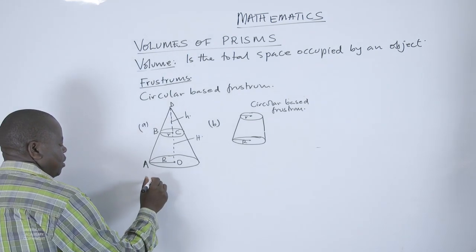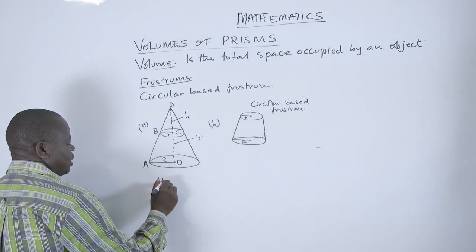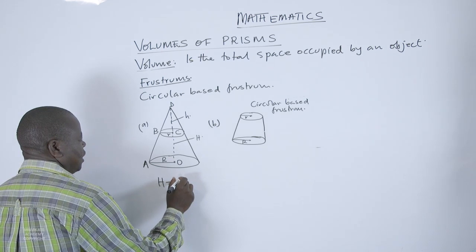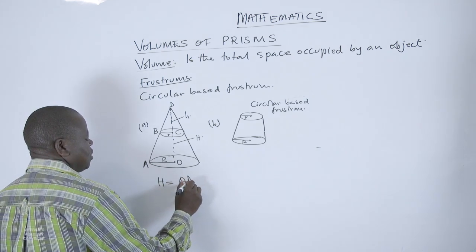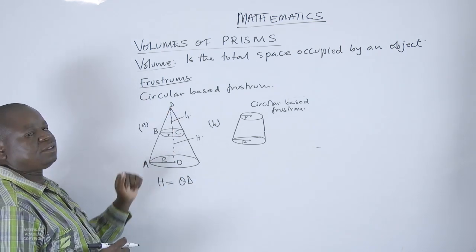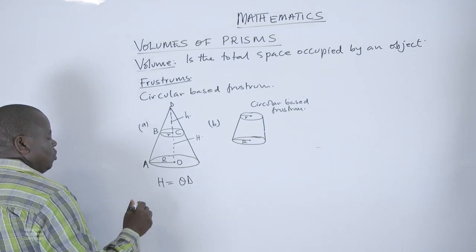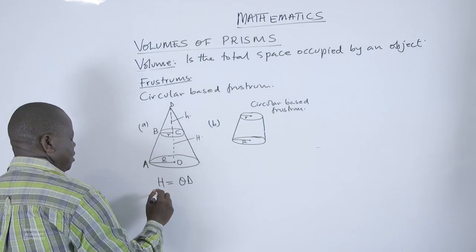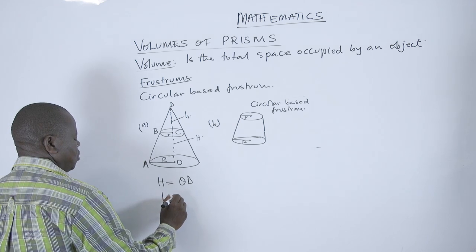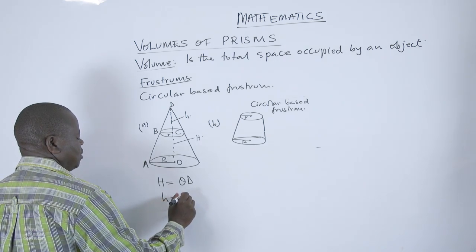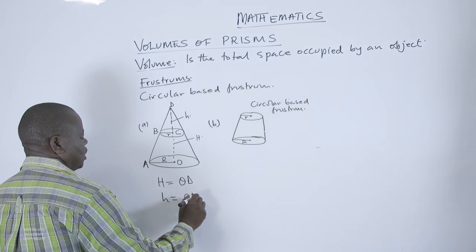So capital H is equal to length OD. From O to D is capital H. From C to D, we call it small h.